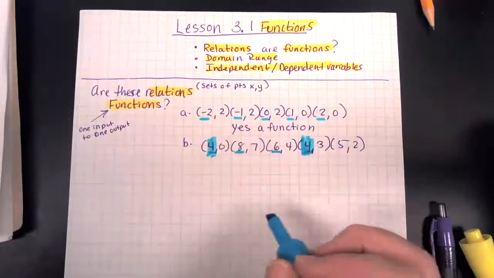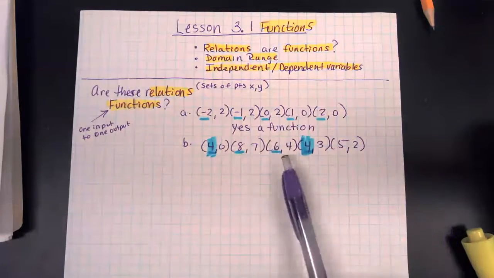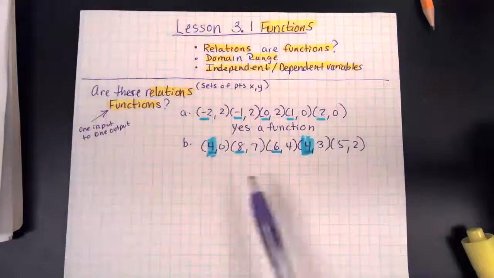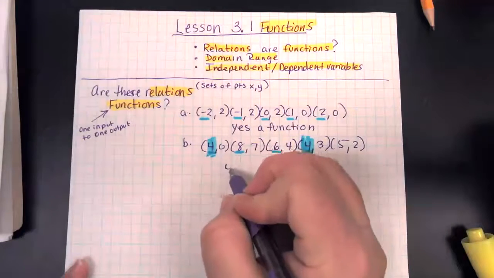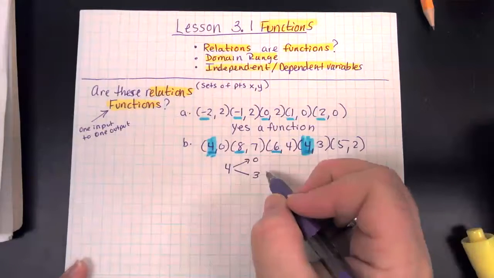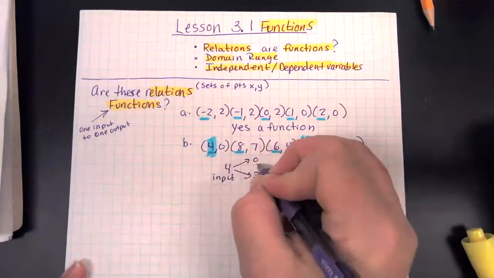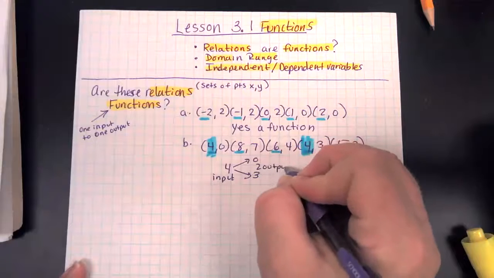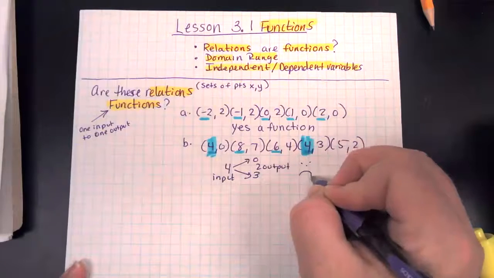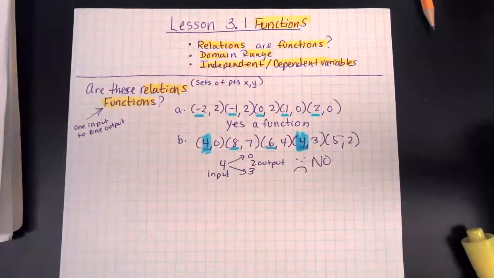Uh-oh. I can't repeat. So that's 1 input, but there are 2 outputs. 4 is used with the 0 and 4 is used with the 3. So that's 1 input, but 2 outputs. No, that is not a function.